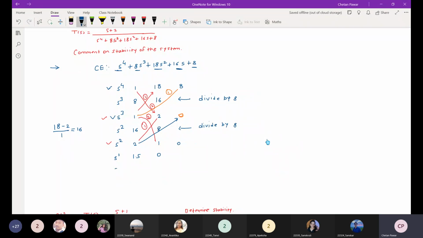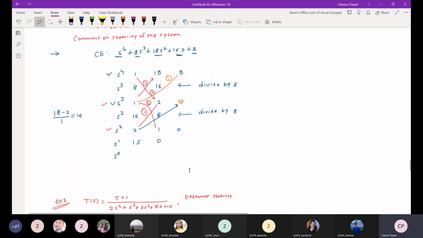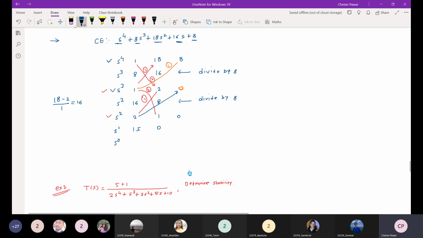Now the s raised to 0 row. To find out the elements of the s raised to 0 row, we use the previous two rows. So 1.5 into 1 minus 0 into 2 divided by 1.5. Okay, so 1.5 minus 0 divided by 1.5. So that will be 1.